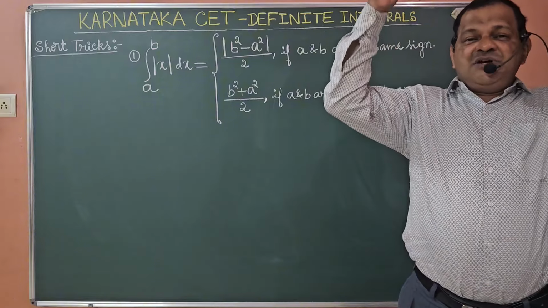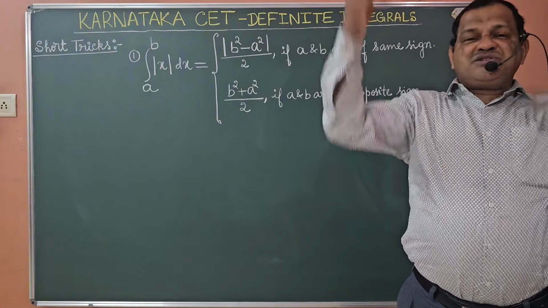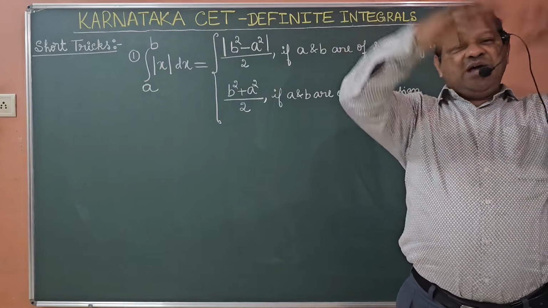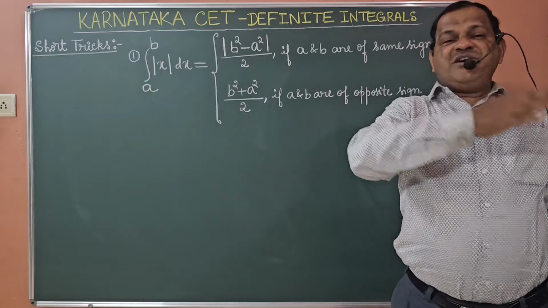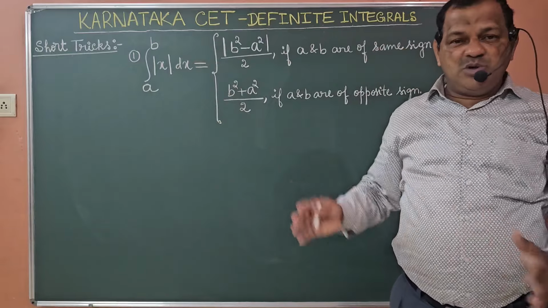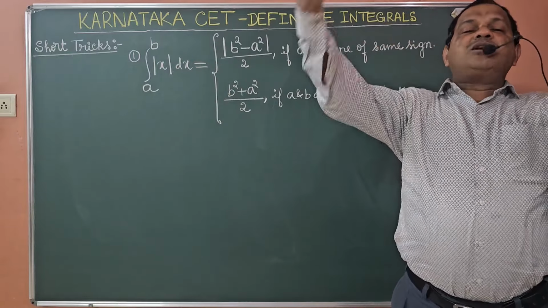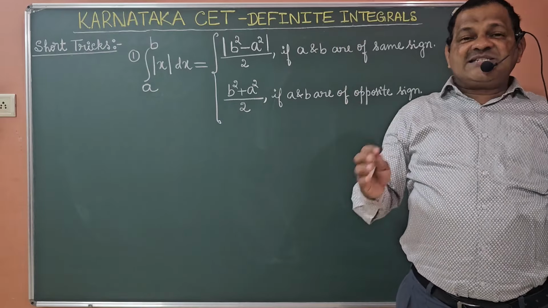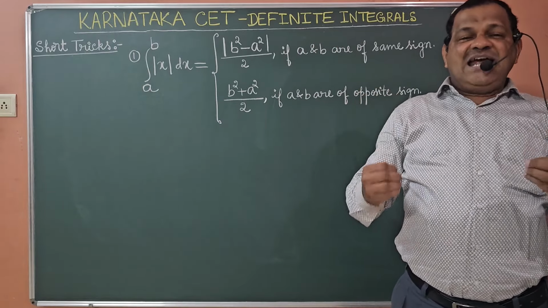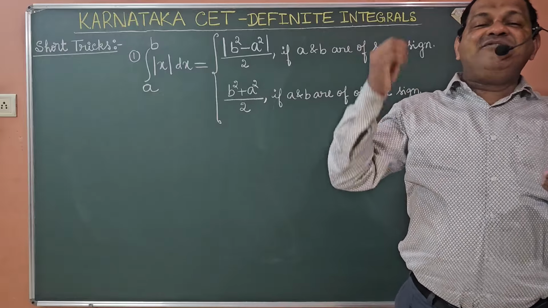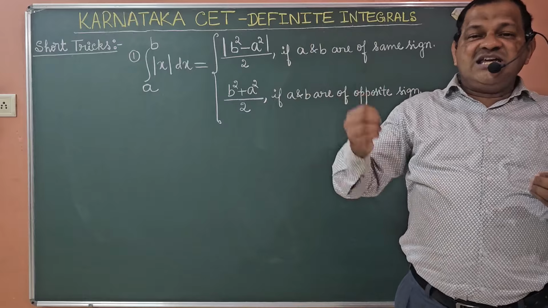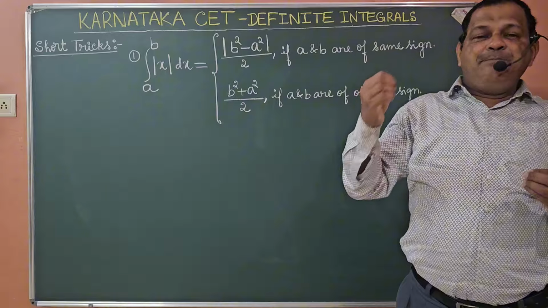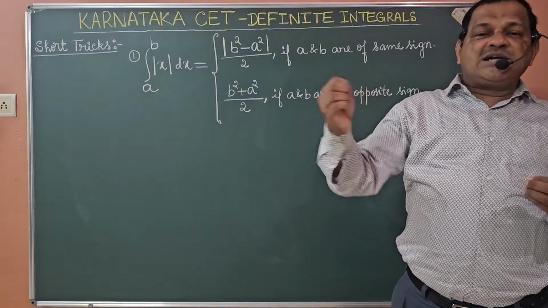And if you know a lot of shortcut methods from various chapters of both the first PUC and the second PUC, we can save a lot of time in answering our questions. Thus, usually at least 20 to 25 questions in Karnataka CET appear using pure shortcut.